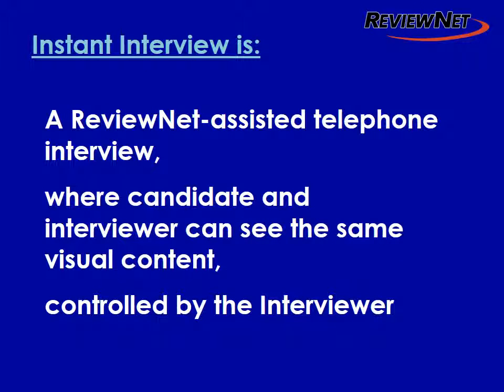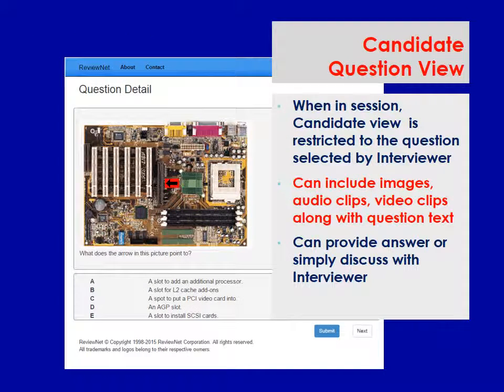Instant Interview is a ReviewNet-assisted telephone interview where the candidate and interviewer can see the same visual content, all under the control of the interviewer. Consider a normal phone interview between a candidate and a recruiter or tech staff interviewer. Now consider that both have available an iPad, PC, or mobile device.